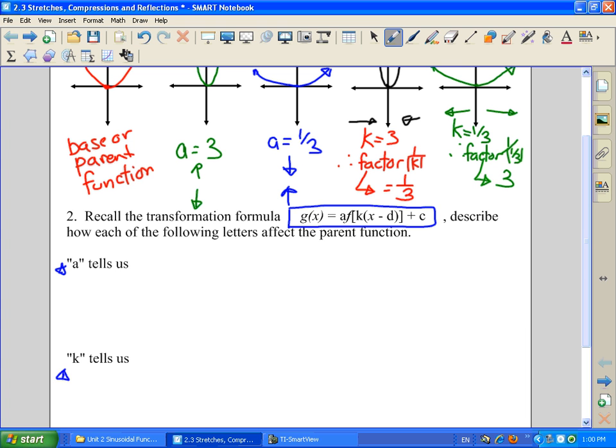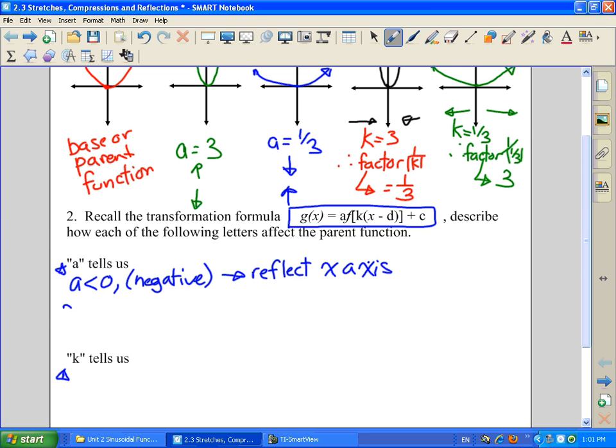So the A, if A is negative or less than 0, I'm going to write down negative here because that's easier for people to remember. Just remember, guys, that it reflects in the x-axis.